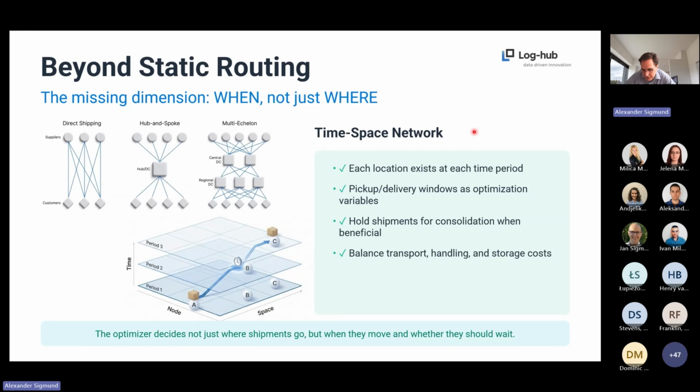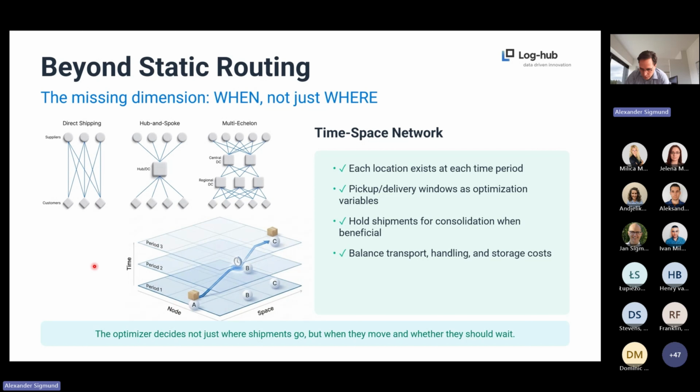And how this is done from a theoretical perspective: each of these nodes in the network that we model is represented as a node for the solver itself. And because we have the time period, these nodes don't only exist in one period, like in a static network, they exist in multiple periods.